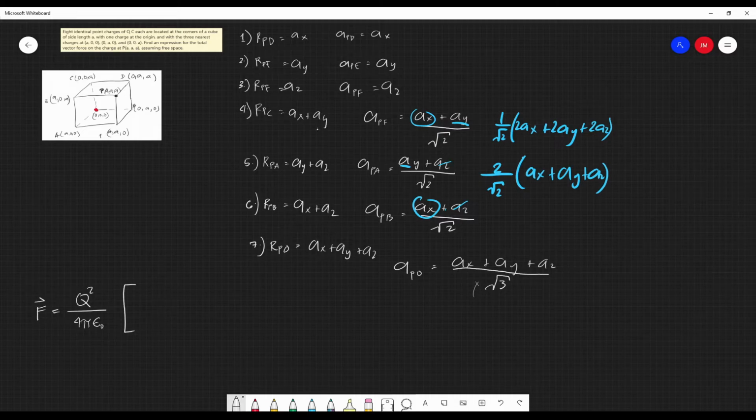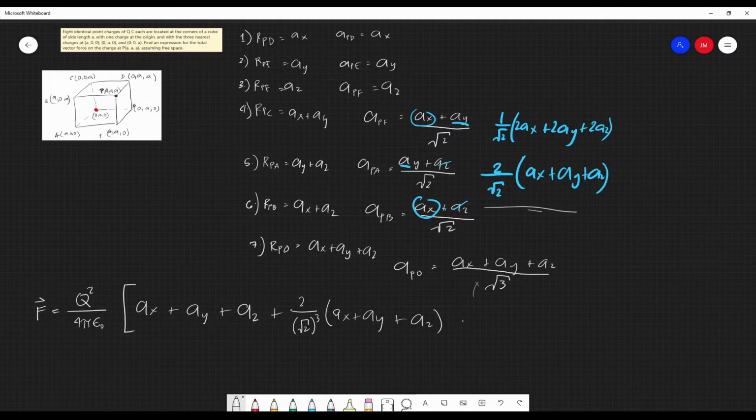Let's start putting all of these together: a_x plus a_y plus a_z. Now let's put this plus 2 over root 2 cubed times (a_x plus a_y plus a_z).